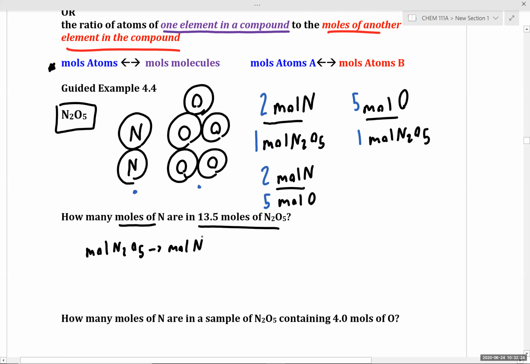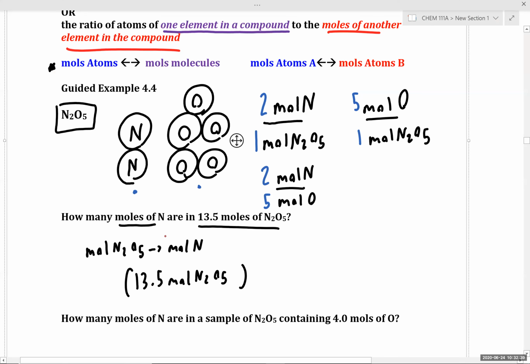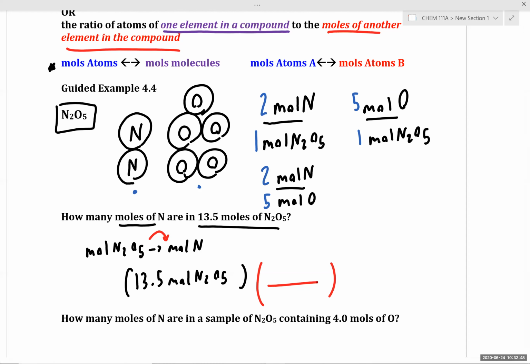So starting off with 13.5 moles of N2O5, what units do we need on top? Nitrogen. Yep, exactly. So we need moles of nitrogen on top.